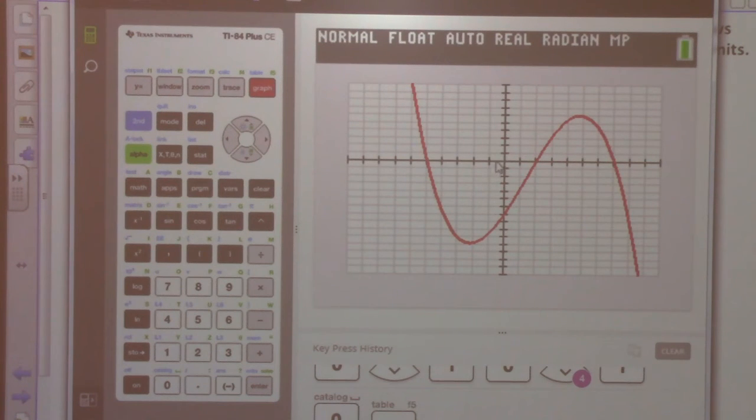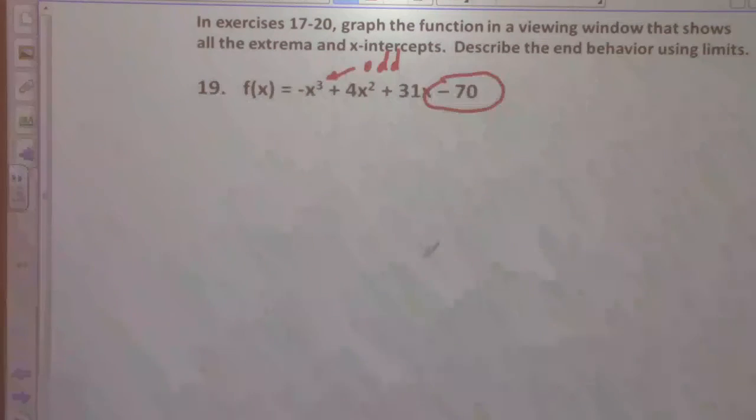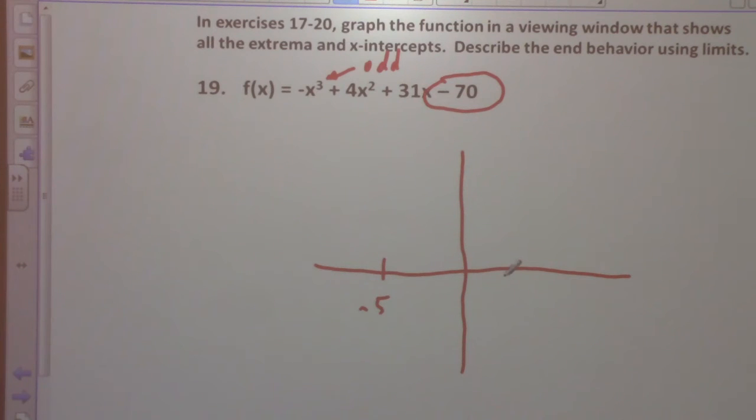And so we see our x-intercepts at negative 5, 2, and 7. And we have negative 70 as our y-intercept. So we're going like this.